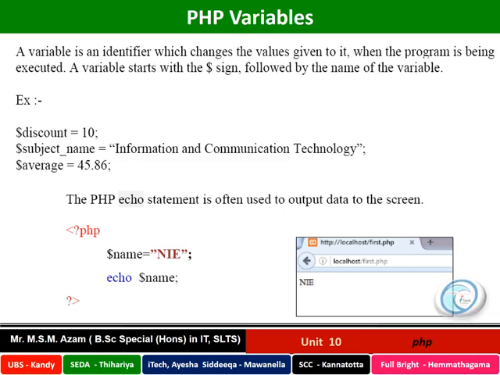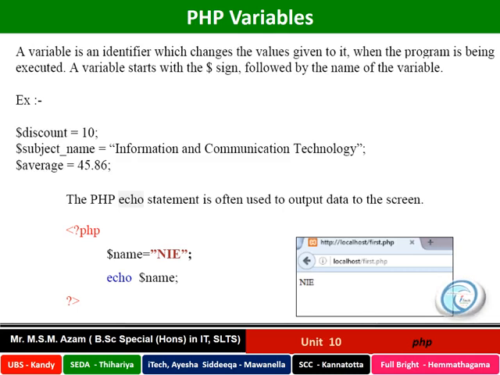That variable is equal to the value, in double quotation marks, within which I have mentioned the information and communication technology. You know, there are different types of data in computer programs. The data type may be integer, string, date time, like that. But here, the subject name is a string variable.